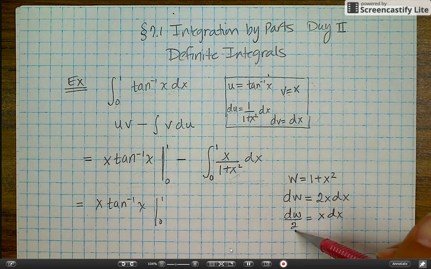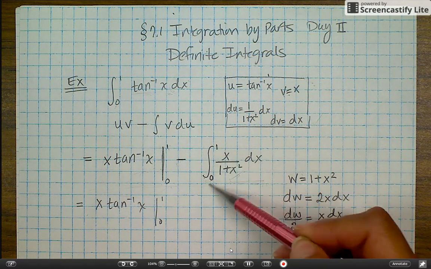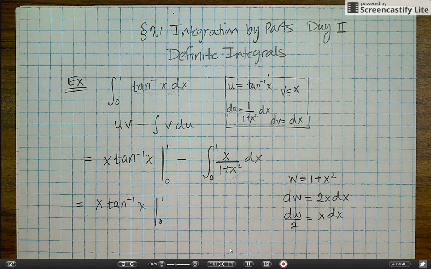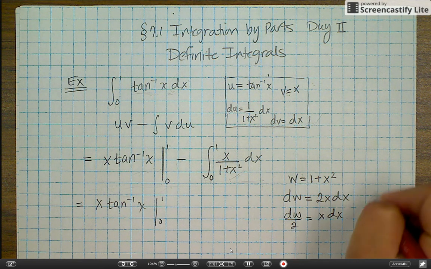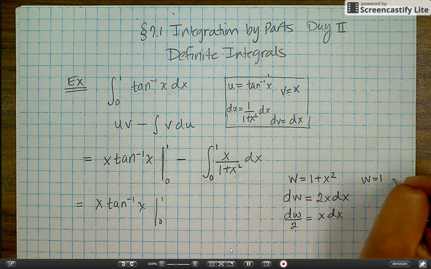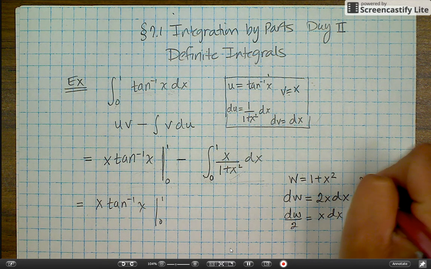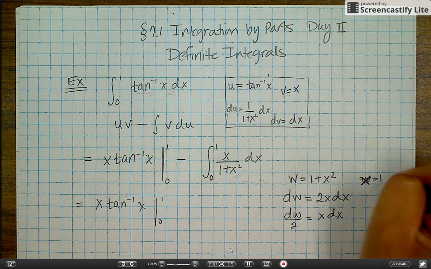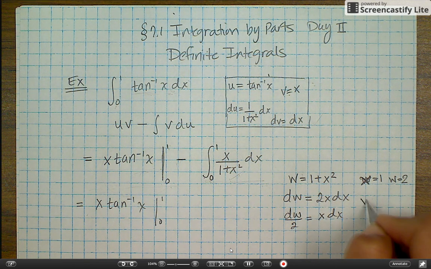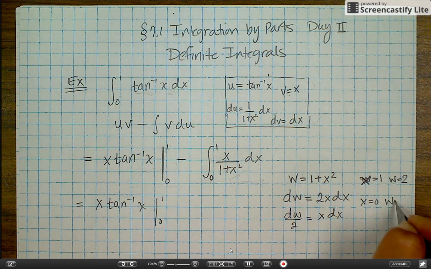Now, since we've done w, that means we're going to need to change our limits of integration, because those are in terms of x's. So when x is equal to 1, w is equal to 2. When x is equal to 0, w is equal to 1.